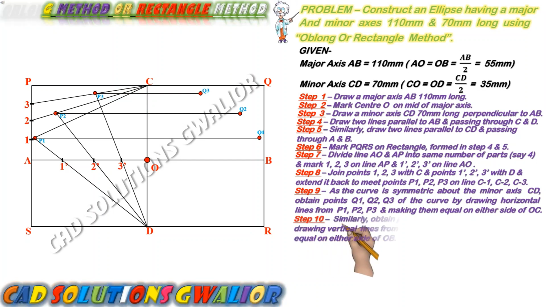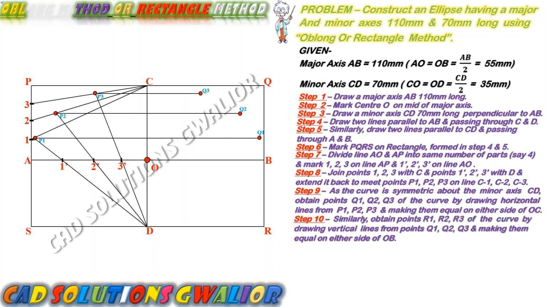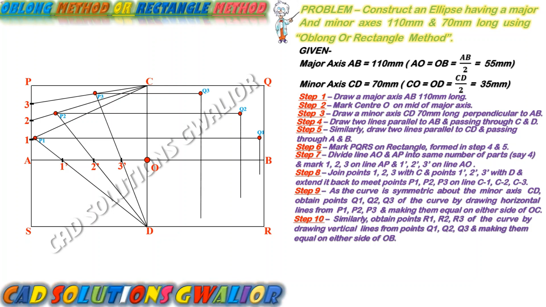Similarly, in step 10, mark the new points R1, R2, R3 by drawing vertical lines in the downward direction from points Q1, Q2, Q3, as in the previous step. Here also the points Q1, Q2, Q3 and points R1, R2, R3 are equally spaced from the line OB.